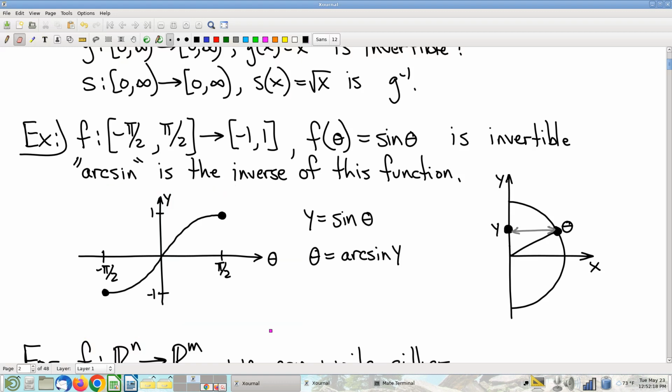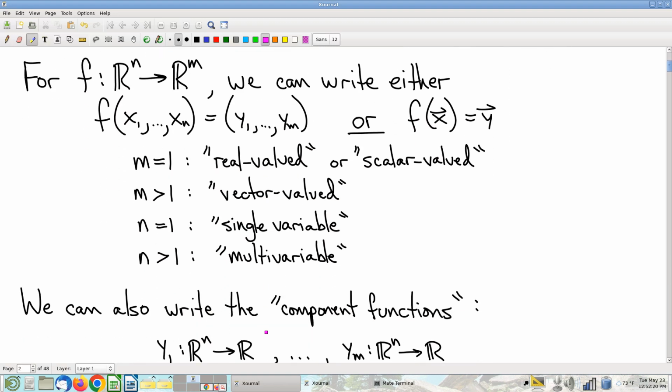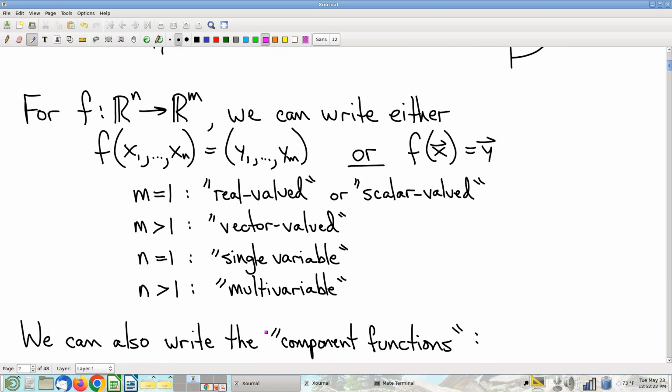Okay. All right. Terminology. Let me be quick with this. When you have a function like so, notice the domain is Rn, the target is Rm. By the way, notice further, if the domain is Rn, that means that what goes into this function is a point in Rn, aka a vector in Rn, the same thing, kind of.